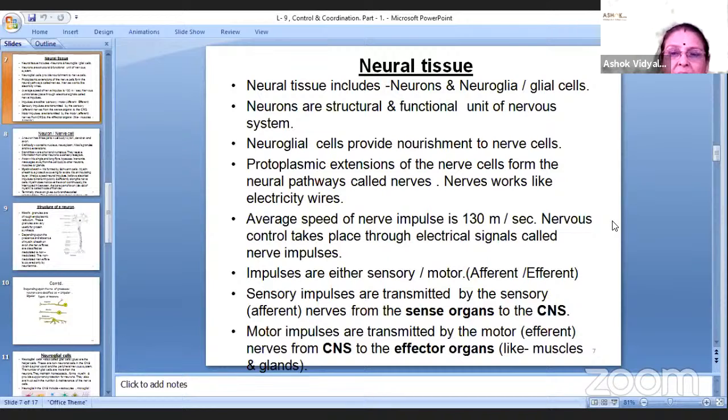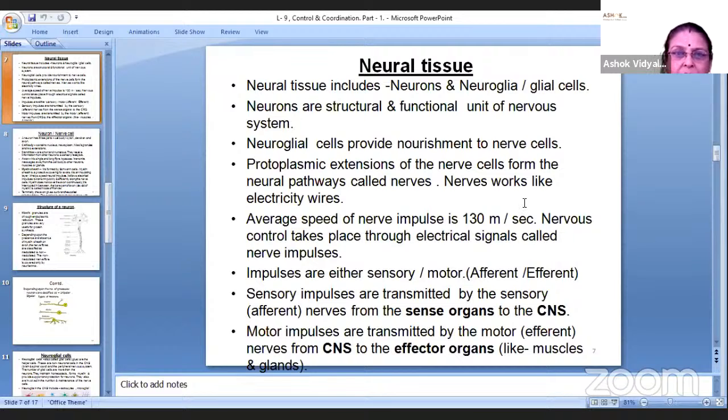See the spelling, A and E. Sensory impulses are transmitted by afferent nerves from the sense organ to the CNS, the central nervous system, and vice versa in case of motor impulses. They are transmitted by the motor nerves, that is efferent, from the central nervous system to the effector organs like muscles and glands.